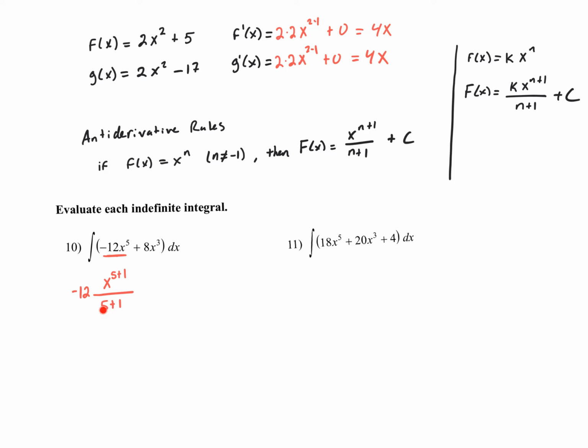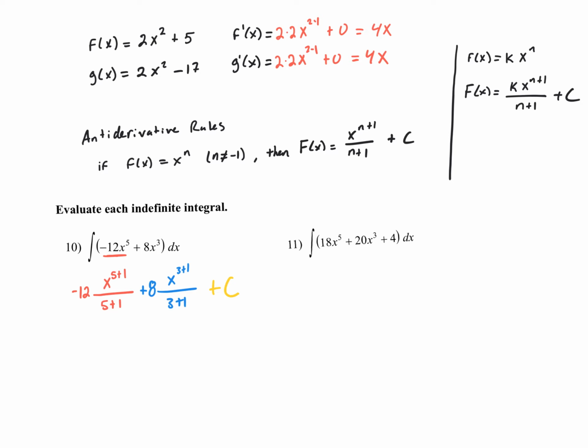I'm adding 1 to the exponent and dividing by the new exponent. Then for the next part, I'm going to say plus x to the 3 plus 1. I'm going to divide by that 3 plus 1. And we're going to have that 8 multiplying by it because that 8 comes out in front. And then, of course, we are not going to forget our plus c.